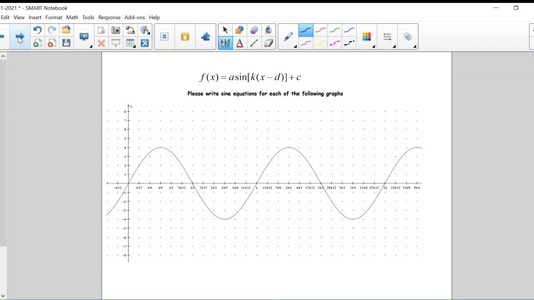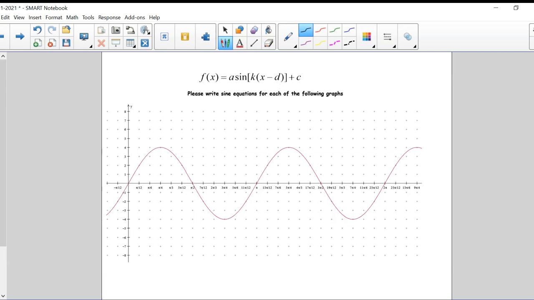Let's now use the general form of a trigonometric function, which is, and I'm using sine here, but it could also be cosine, A sine k x minus d plus c. Now, we all did transformations some time ago, probably unit 2. So what we're going to do now is apply some of that transformation logic to what we're doing here.